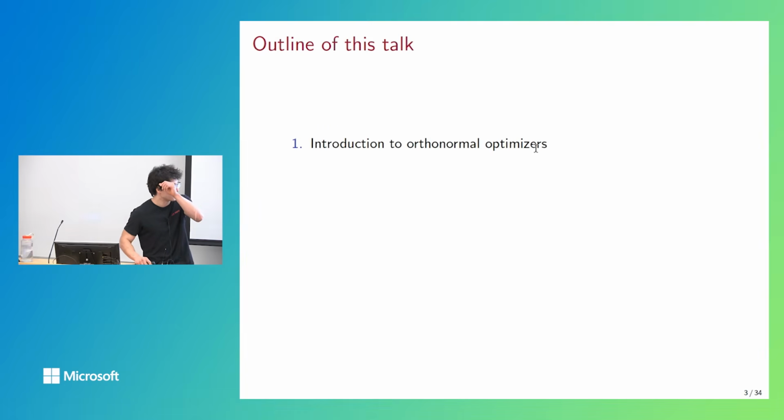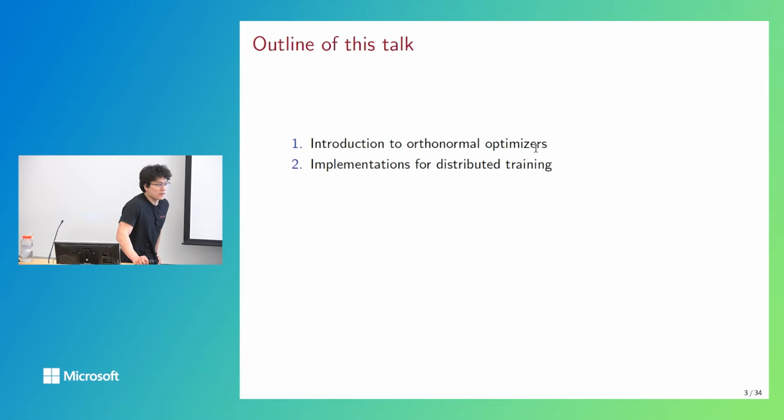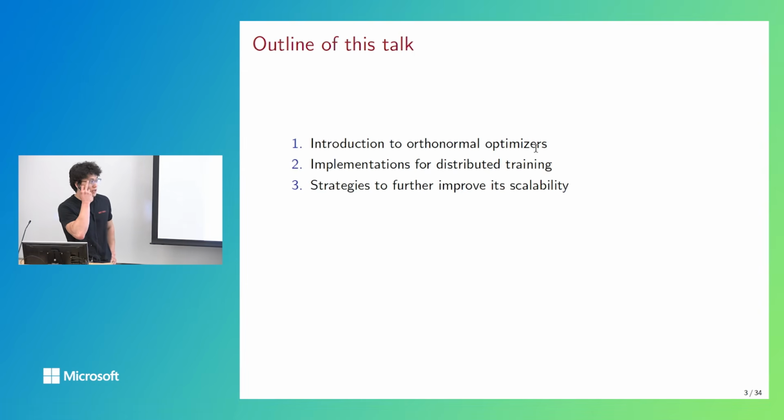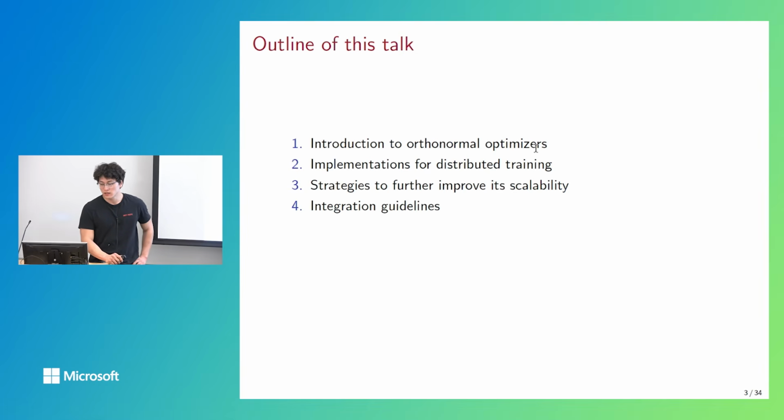So we're going to first introduce this new family of optimizers called orthonormal optimizers, and then how they're implemented for large-scale distributed training. And then we'll discuss strategies to further improve its scalability, and then how you can integrate this into your code base. So during the talk, if you have any questions, please feel free to ask.